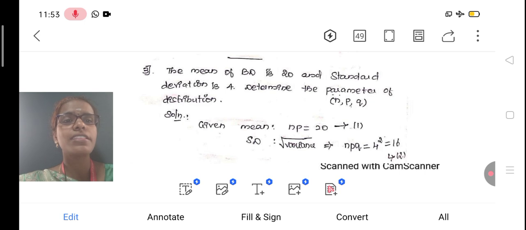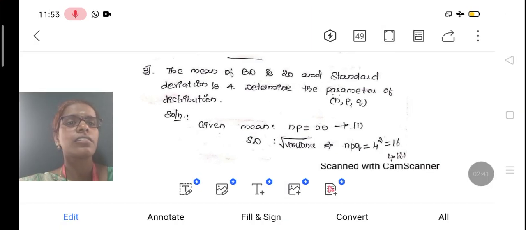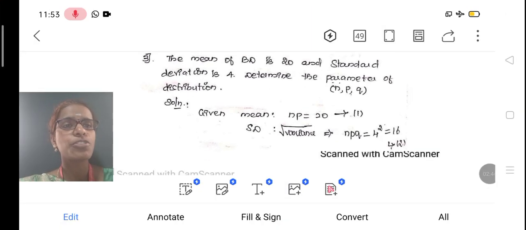The next problem: the mean of a binomial distribution is 20 and the standard deviation is 4. Determine the parameters of the distribution. Either we have the notations n, p, q or wordings like find the parameters of the binomial distribution.